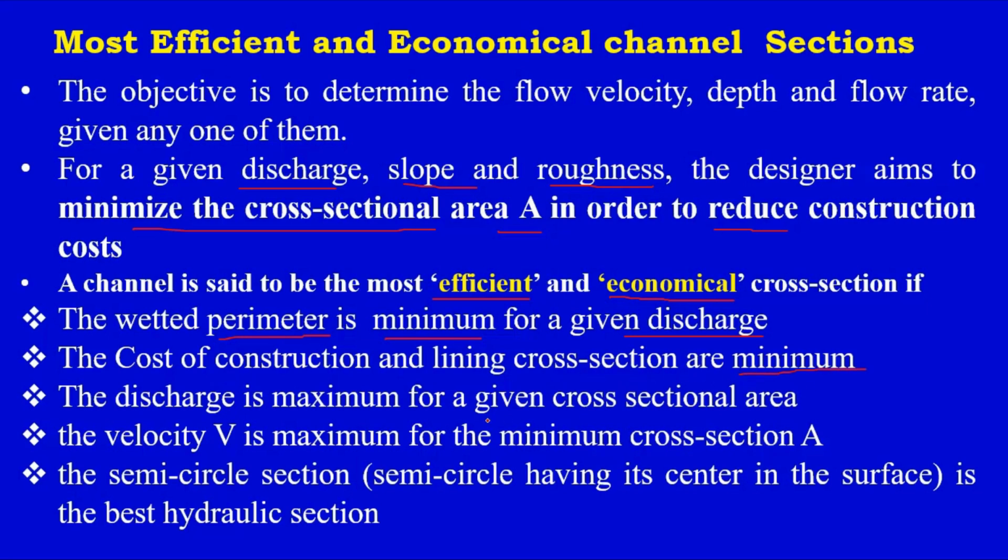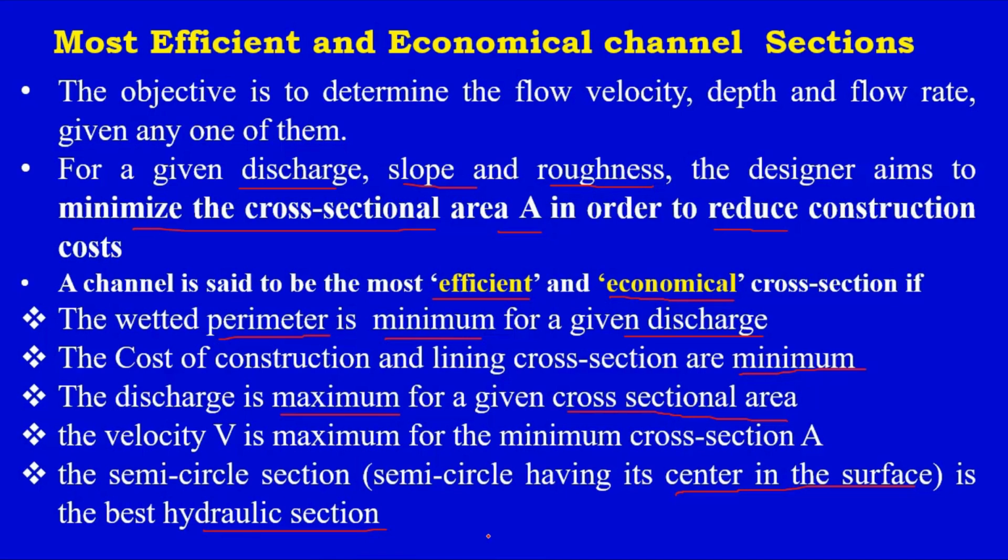Also, the discharge is maximum for any given cross-sectional area, and the velocity V is maximum for the minimum cross-sectional area. The semicircular section having its center in the water surface is the best hydraulic section.